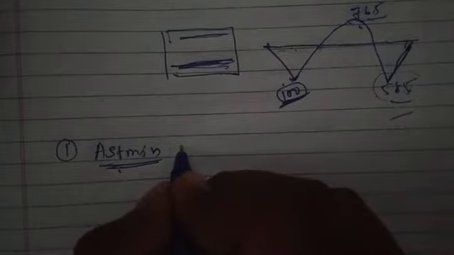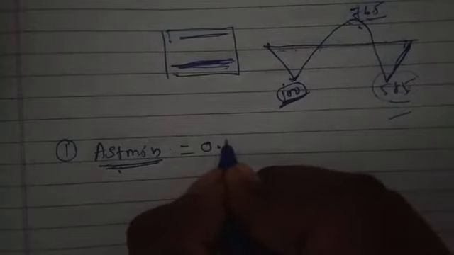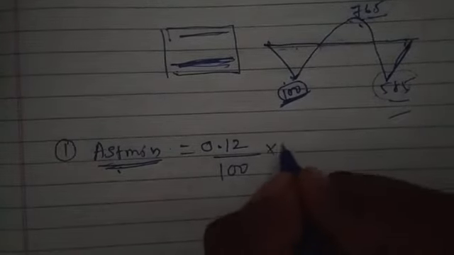In such cases, first my procedure is to calculate the AST minimum value first, because in the coming calculation, if we get any value less than this value, then we have to provide AST minimum, because for the footing which is having the steel of 415, the minimum area of steel at any section should be 0.12 divided by 100 into BD.